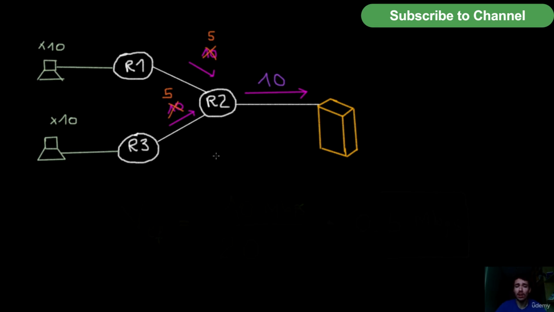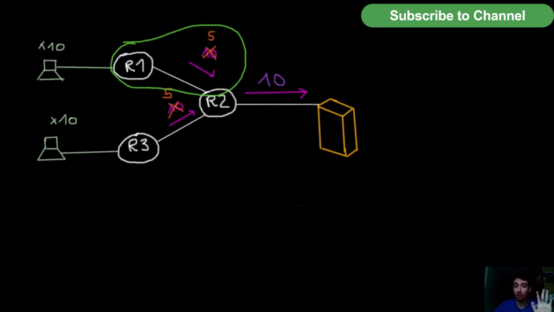Now, what is going to be the buffer occupation of all of these three routers? First of all, what about router 1? Let's consider this first router and the sending of the data on it. Keep in mind that in router 1, together with router 3 that we are going to see, on average, 5 megabits per second come out.